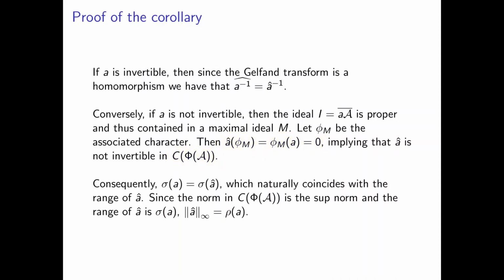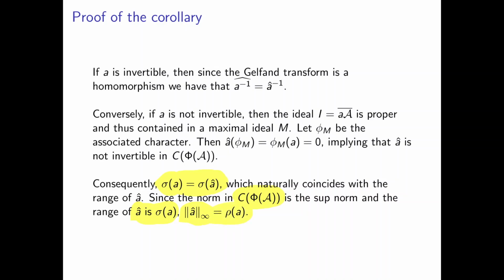And from that, we easily see that the spectrum of A must be equal to the spectrum of A hat as well, which naturally coincides with the range of A hat. And then, since the norm in this function algebra is the supremum norm, and the range of A hat is its spectrum, then of course the spectral radius must be equal to the supremum norm of A hat.